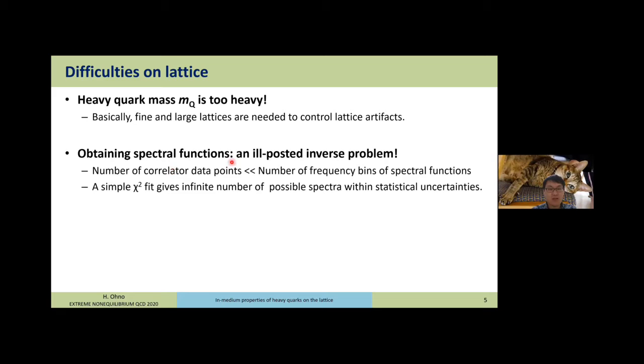So in that sense, this is a quite typical ill-posed inverse problem, and that means the usual simple chi-square fitting does not work, because there are many possible spectra within the statistical uncertainties. One can get quite noisy or spiky spectral functions if you just apply simple chi-square fitting.